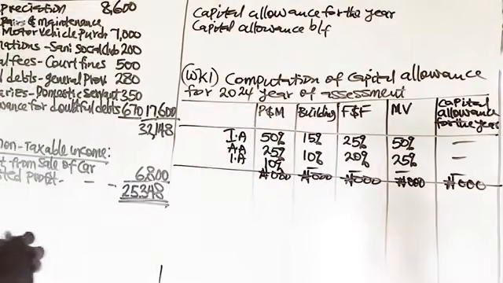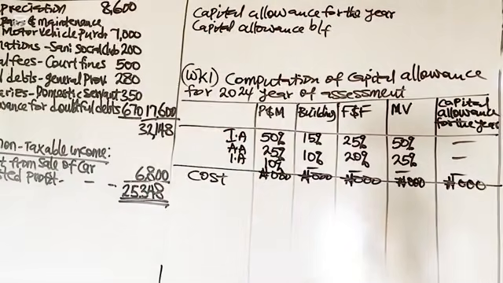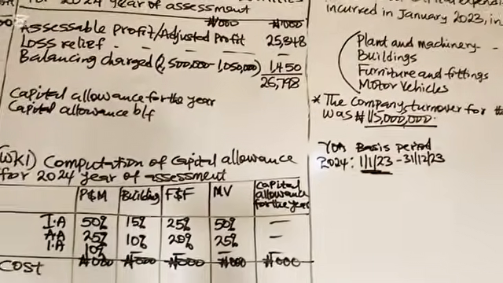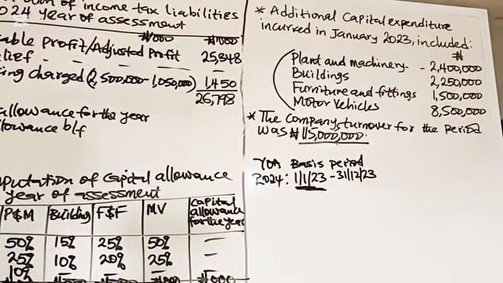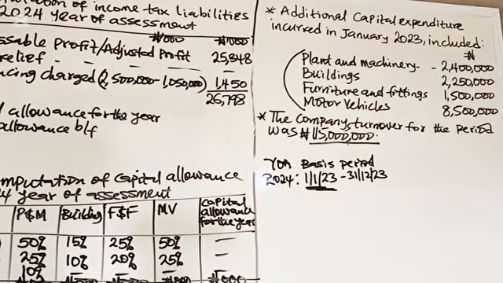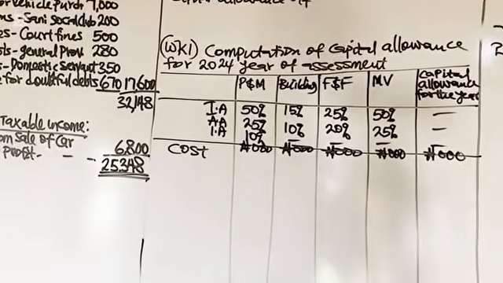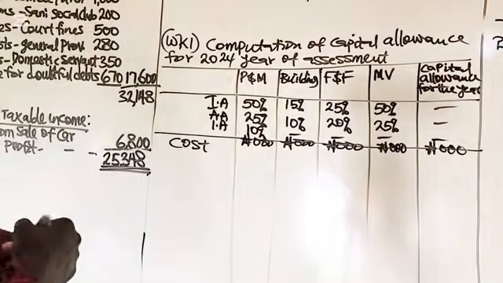So the capital expenditure incurred in January 2023: we have plant and machinery of 2.4 million, building of 2,250,000, furniture and fittings of 1.5 million, motor vehicles of 8.5 million. So those are the qualified capital expenditure we have in 2024 year of assessment.